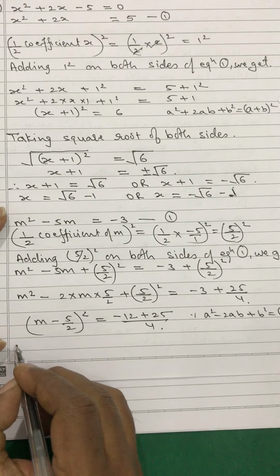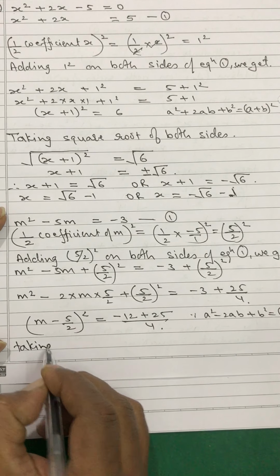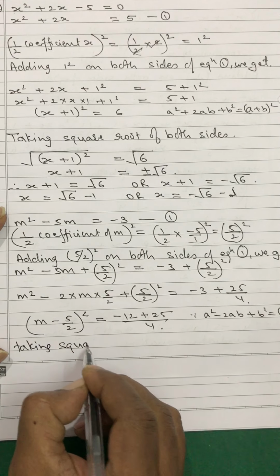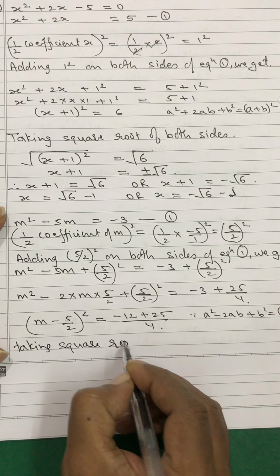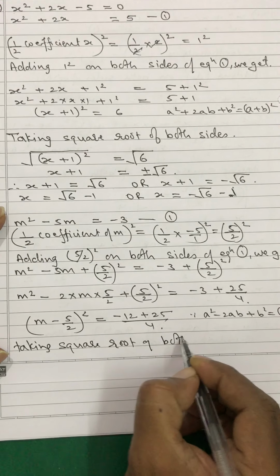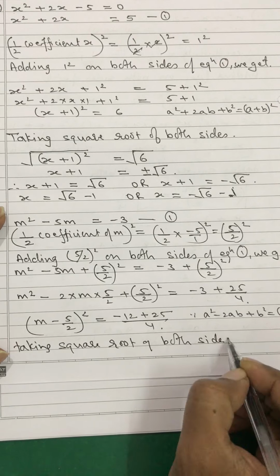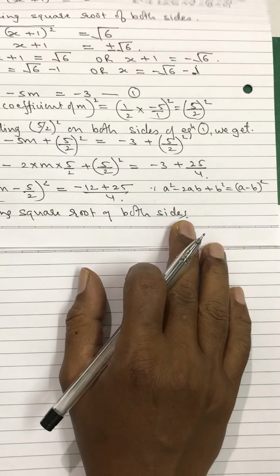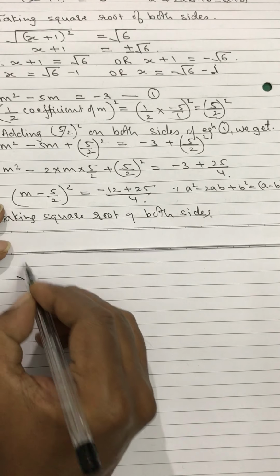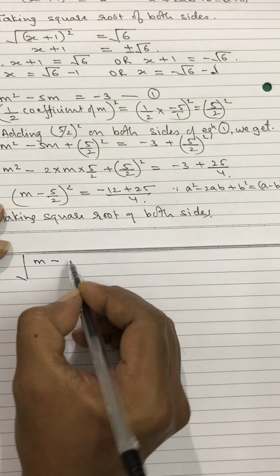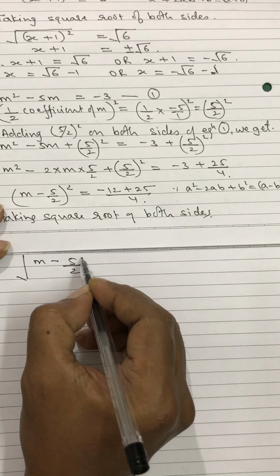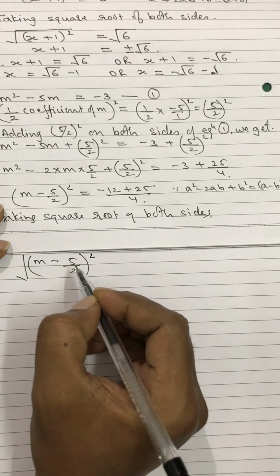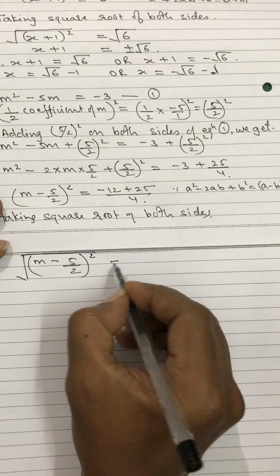Now taking the square root of both sides. This is what we actually have: m minus 5 upon 2 the whole square. Okay, good. This is nice. I'll find the square root of this.